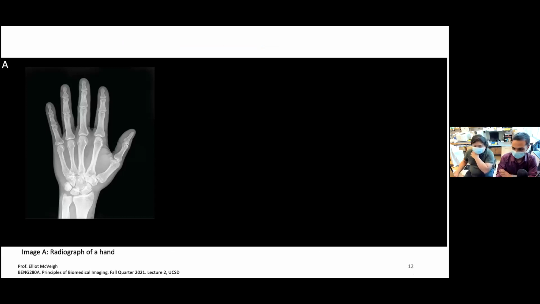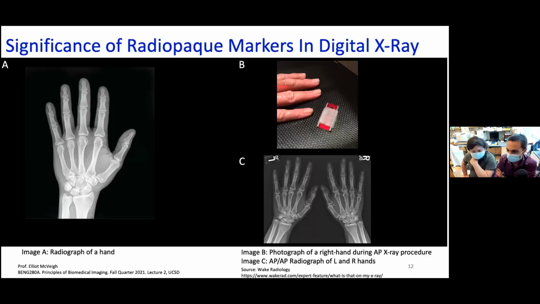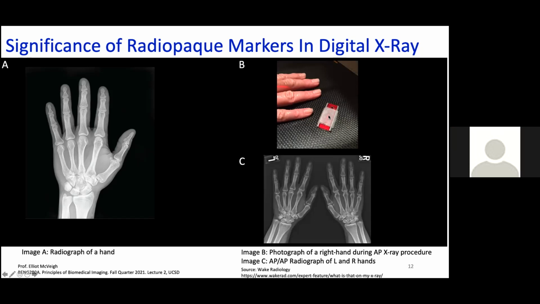All right. So I don't know if anybody guessed the left or right hand, but whether I'm a beginner or a professional radiologist, I might not be able to guess whether it's the right hand or left hand. That's why there is significance to the radiopaque markers. As you can see in this photograph, we have this little lead sign which says R inside, and the marker also has the technician's initials on it, so that you know which hand is which.